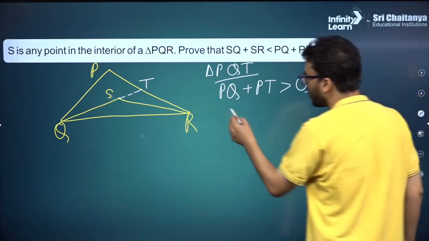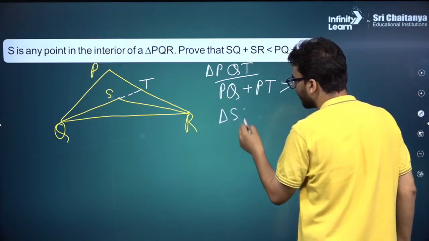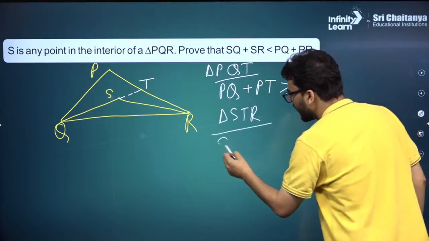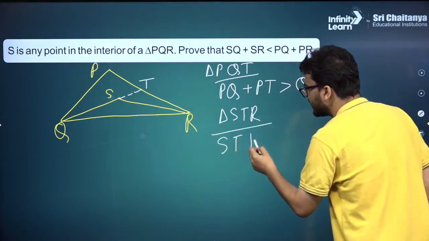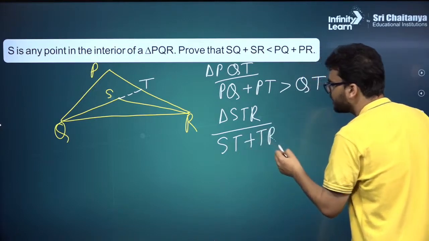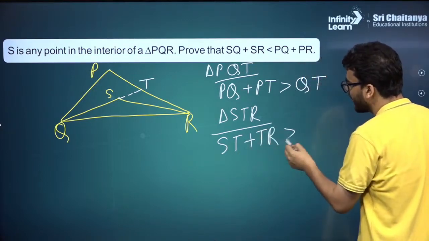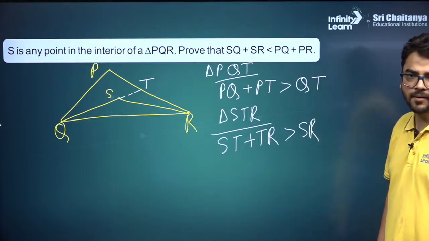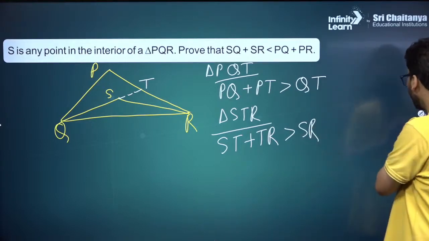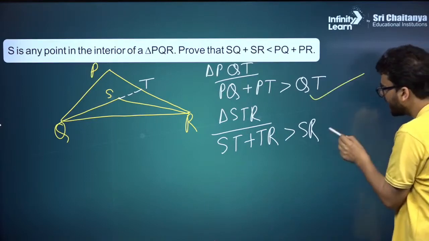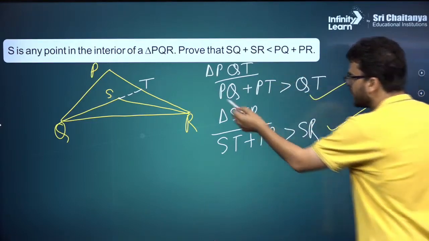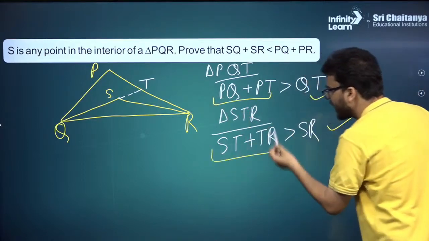Now if I talk about triangle STR, just see it properly. In triangle STR, can I say over here that ST plus TR is greater than SR? Can I say that, guys? Correct? Now what can I do? Can I add these inequalities? Adding means I take this plus this over here.